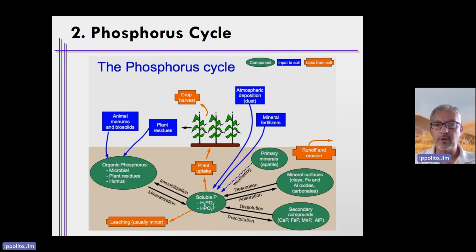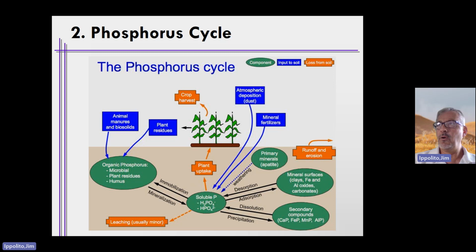On your screen in front of you, you see the phosphorus cycle itself. Now there's arrows moving in many different directions, which means that the cycle itself is rather complex. It's not as complex as, say, the nitrogen cycle, but it is more complex than, say, micronutrient cycling within soils.